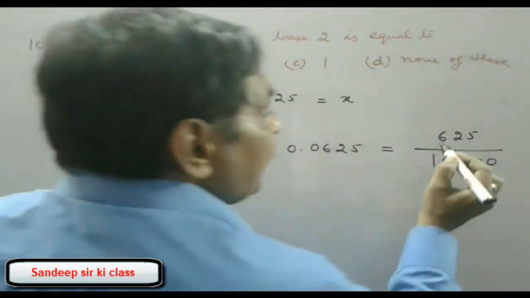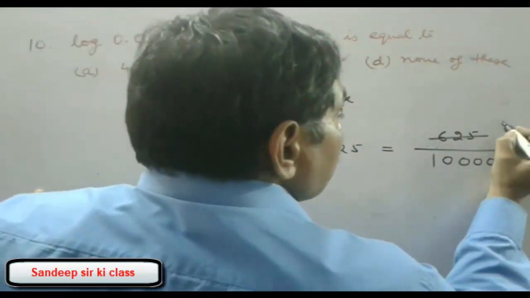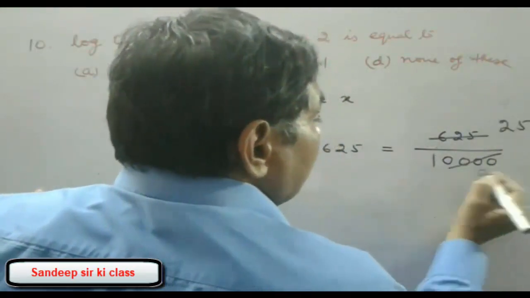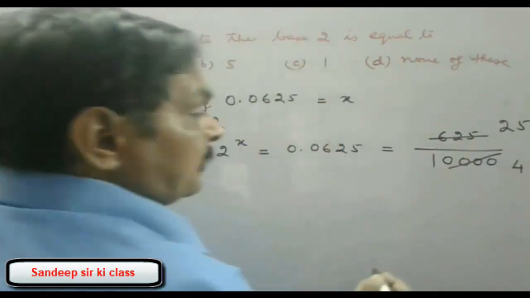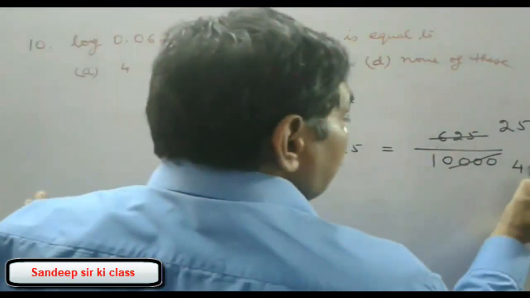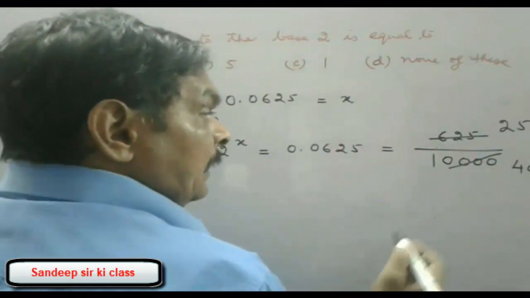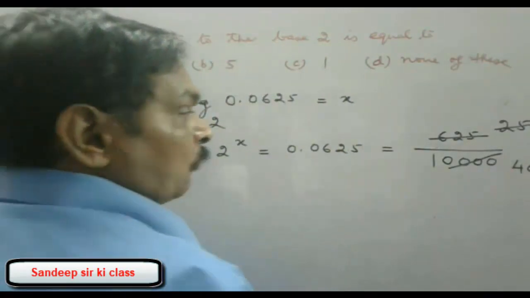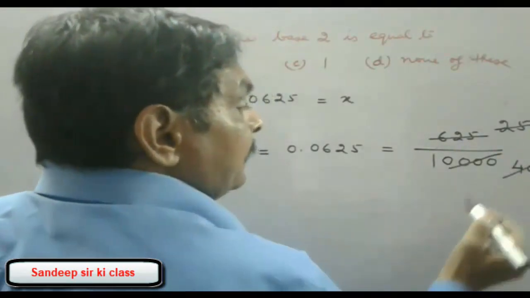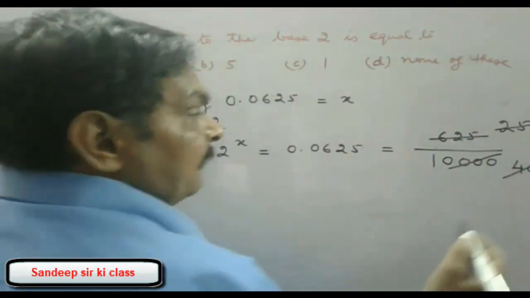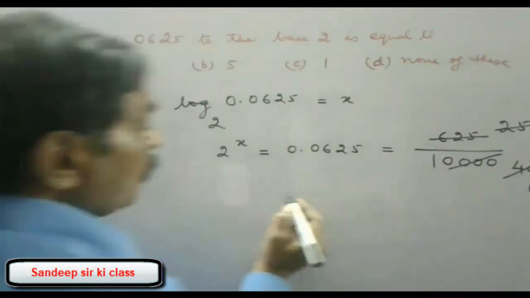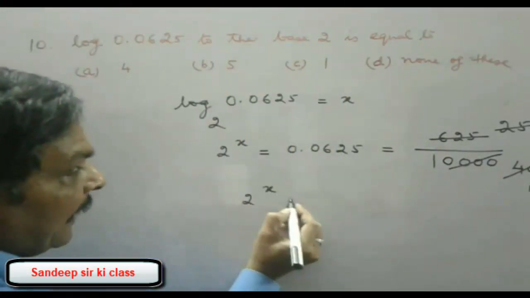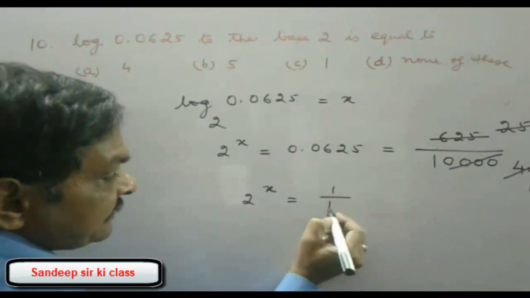Now we can cancel it by 25 and here when we divide 10,000 by 25 we get 400. Again, divide by 25: we get 1, and when we divide 400 by 25 we get 16. So 2 raised to the power x is 1 upon 16.